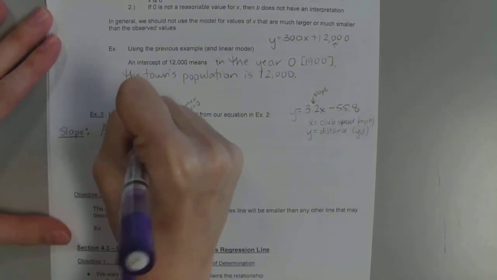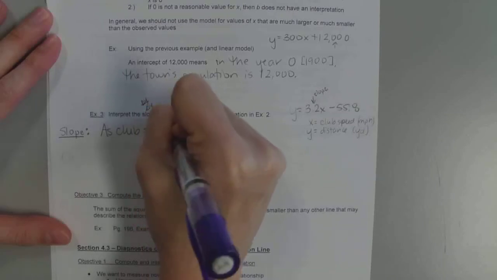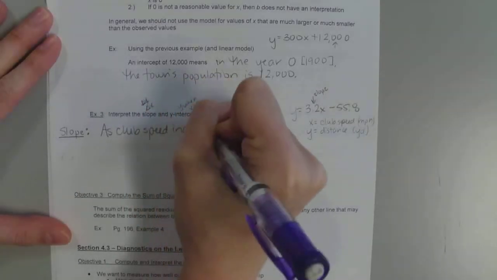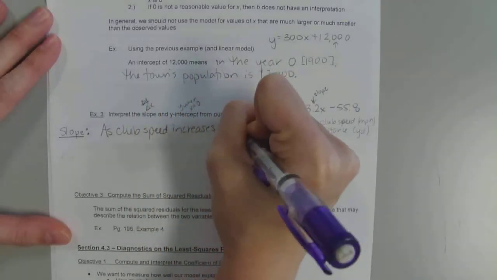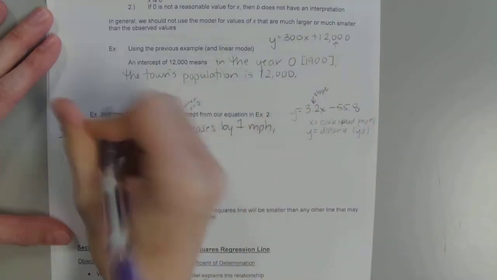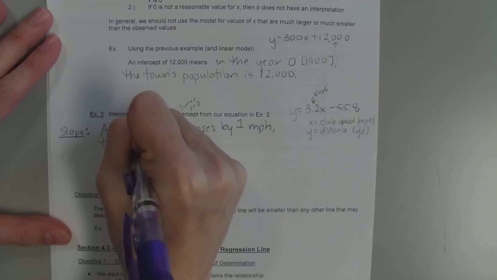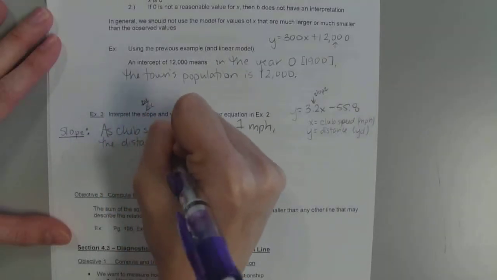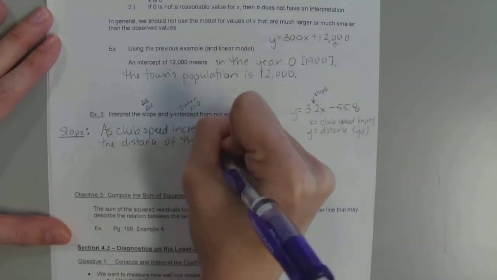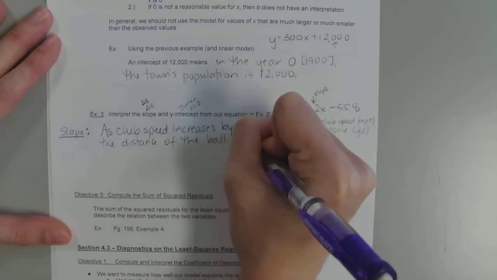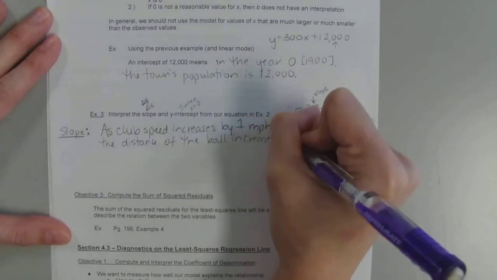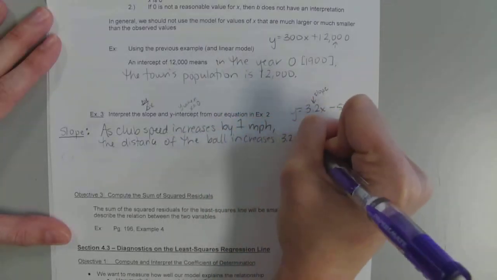So as club speed increases by 1 mile per hour, the distance of the ball increases 3.2 yards.